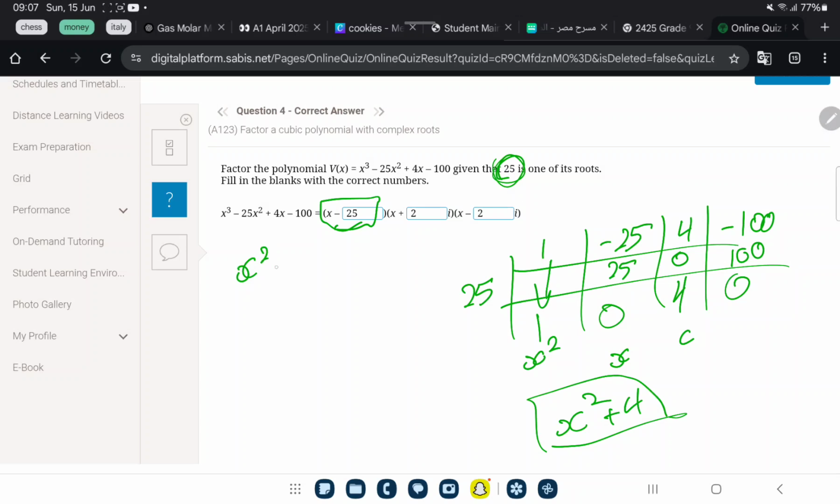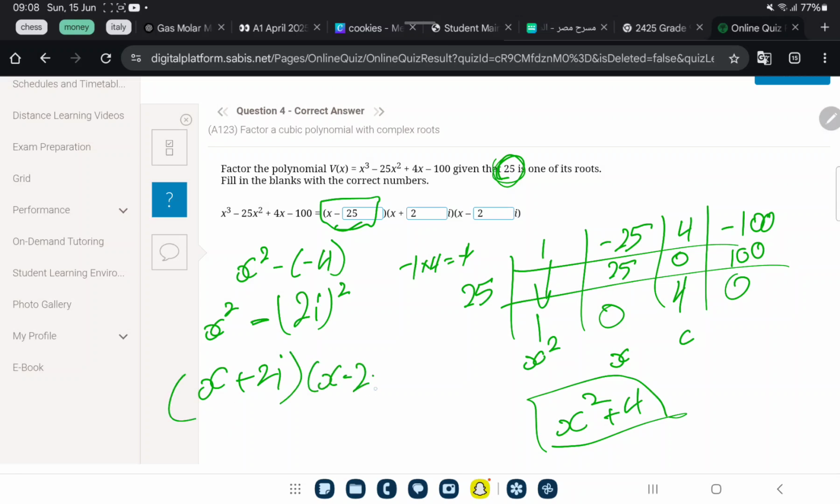So it's x squared minus minus 4, and to get minus 4, it's basically 2i squared, because whenever you square i, it's minus 1, and you square the 2, it's 4, so minus 4, and x squared minus 2i squared. You also get from the theorem we took last year that this is equal to x plus 2i multiplied by x minus 2i. So these are your other two factors.